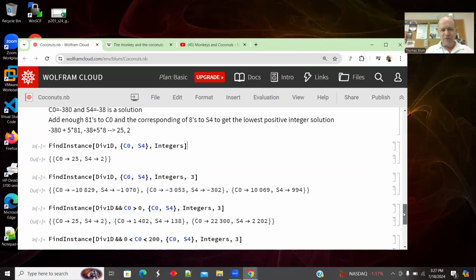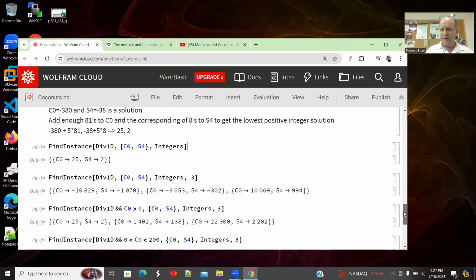Div1D, Div1 was that first division, and that was the equation I kept substituting into. So I had Div1, Div1B, Div1C, Div1D. Div1D is that final equation, my linear Diophantine equation.